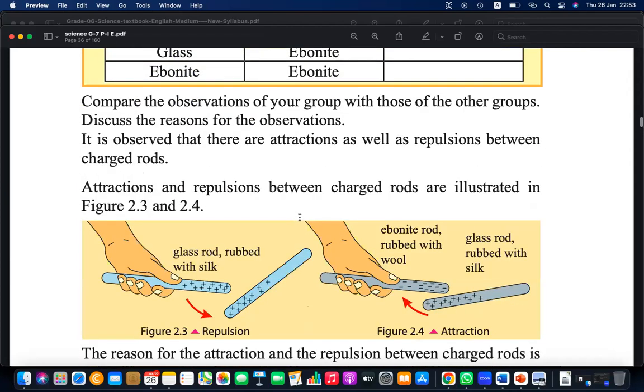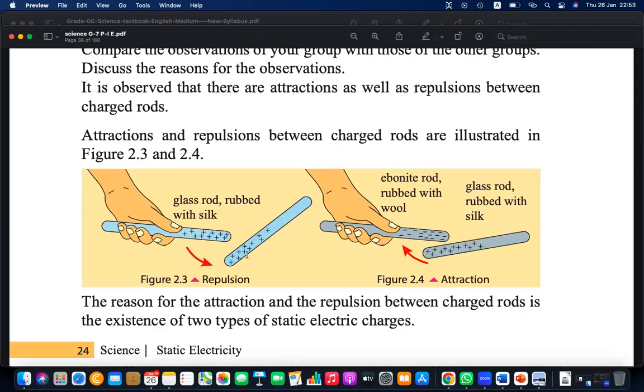Why is this happening? What is the reason? Because the glass rod is with positives, the other glass rod is also with the positives. The positive will repel, the repulsion will happen. And the ebonite, you can see it has negatives, and the glass is positive, therefore it will attract.